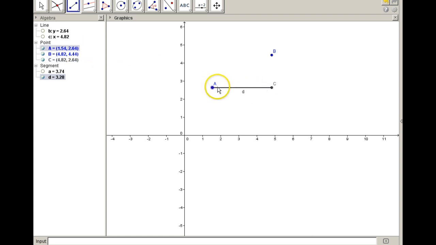So the distance of this segment is how far along the x-axis you would have to travel to get from wherever A is registered on the x-axis to wherever B is registered on the x-axis. So we see that, and if I move B around, that leg is always just the measurement between A and B along the x-axis, okay, no matter where I put B, or for that matter wherever I put A.